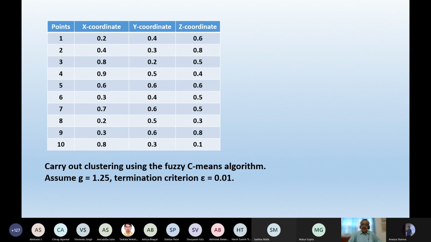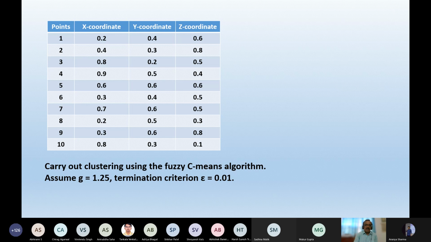On the free-form surface, I'm going to consider the 10 points, and to represent each point I need three numerical values: the x coordinate, y coordinate, and z coordinate. And if I know x, y, and z for all the 10 points, we can use the concept of fuzzy C-means clustering to do this clustering.